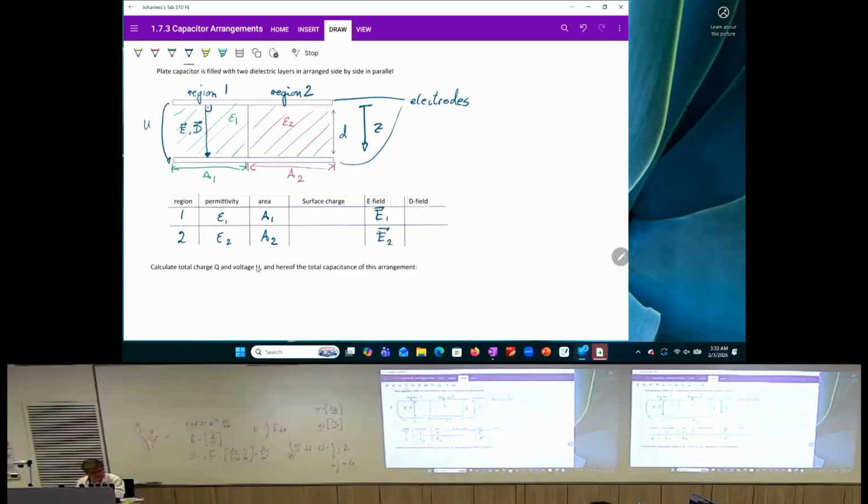The D field would be D1 in the region 1 and D2 in the region 2. And then we also have a surface charge density and a surface charge. The surface charge density here would be sigma 1, and we have a sigma 2 here. And that would be Q1 by A1, and that would be Q2 divided by A2.